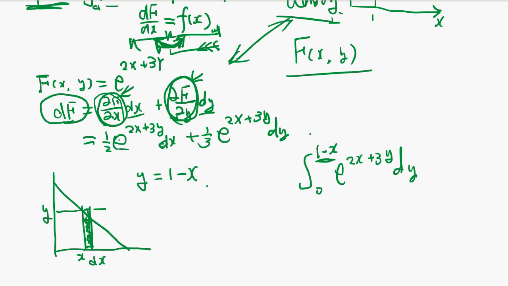Okay, so if you take 2x here and dx 0 to 1, this gonna be, right?